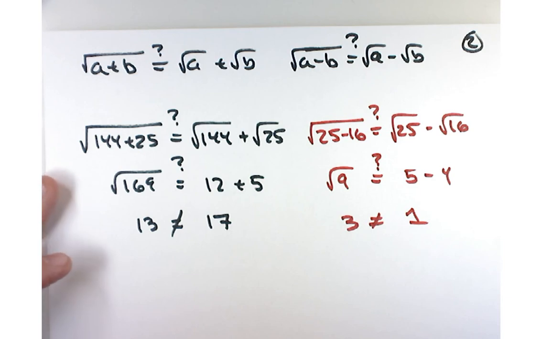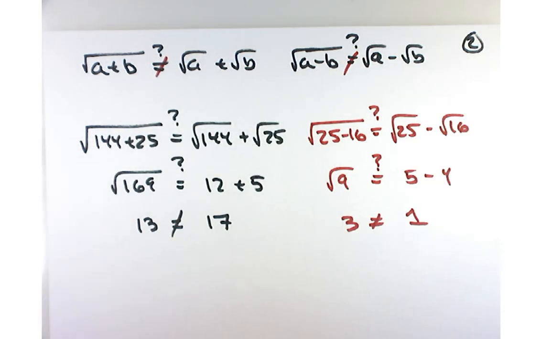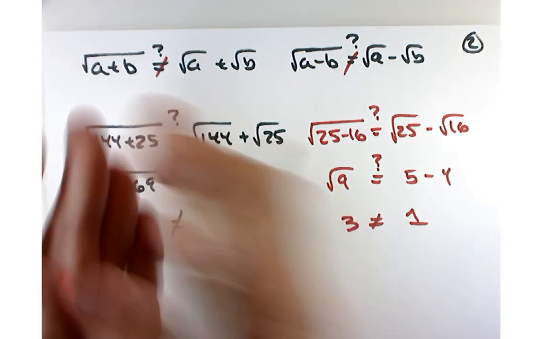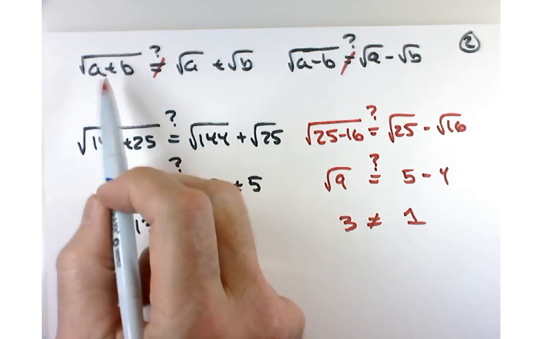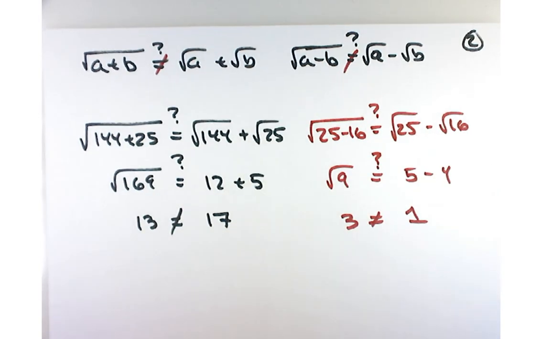Yeah, I'm striking out. Neither of these work. As much as you might like it, you can't split up a square root past the addition sign or subtraction sign. It just doesn't work. All right, so those don't work in general.